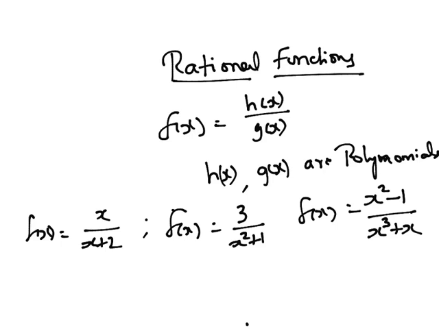Let me clear everything. Let me give an example. If f of x equal to x over x minus 1, now here students, you know that if the denominator is 0, then it is unreal, isn't it? So for this problem, you cannot find f of 1.